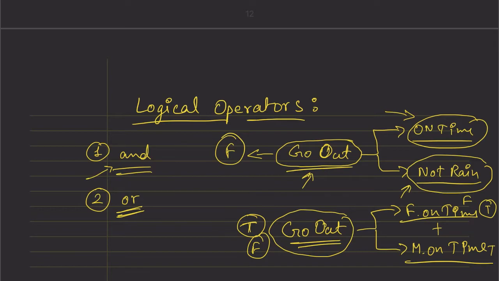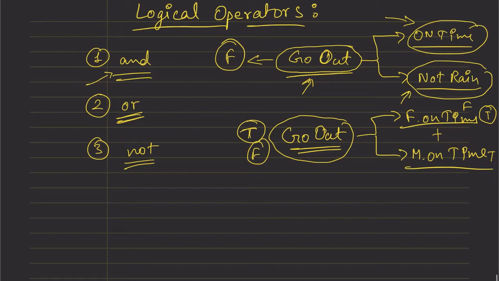Now the third logical operator available in Python is called the NOT operator. This is not actually a logical operation operator like the others, but it is still used in different programming languages. Let us see what it does. It will not help you to implement any logical operation, but it will help you to reverse the result of any condition.